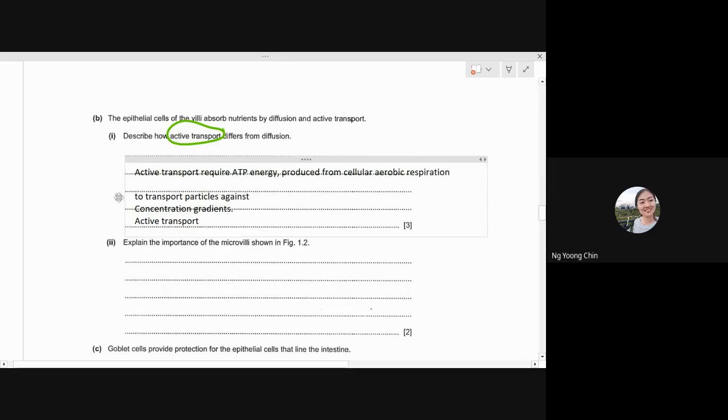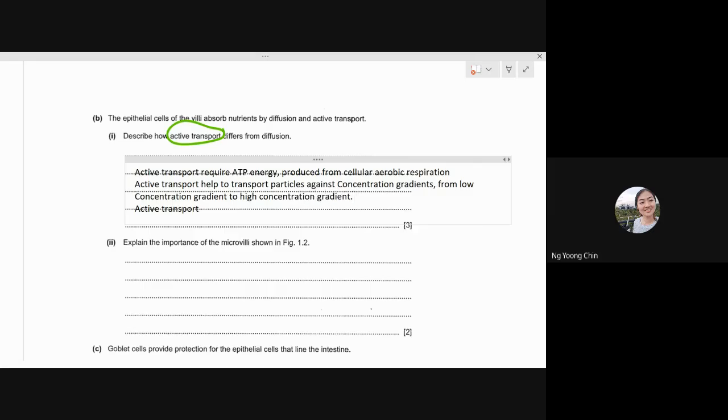And then active transport helps to transport particles against a concentration gradient from low concentration to high concentration.